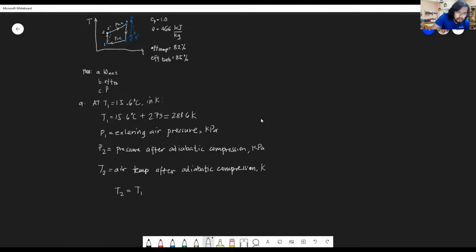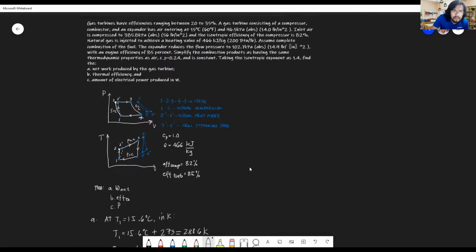T1 times P2 over P1. You have to raise it to what? K minus 1 over K. And we get what? The pressures are already given.